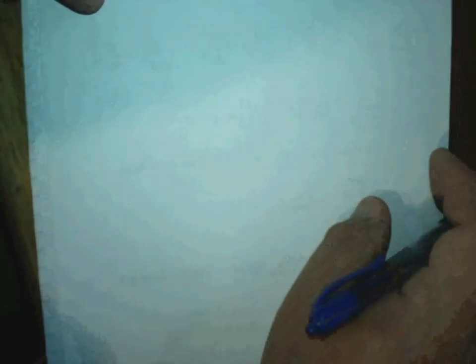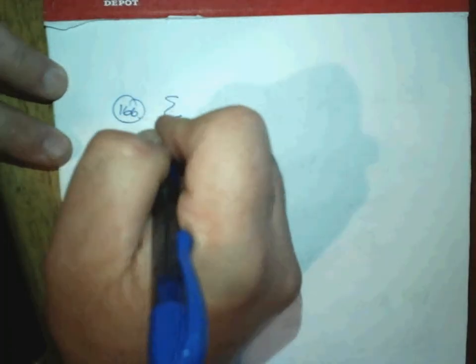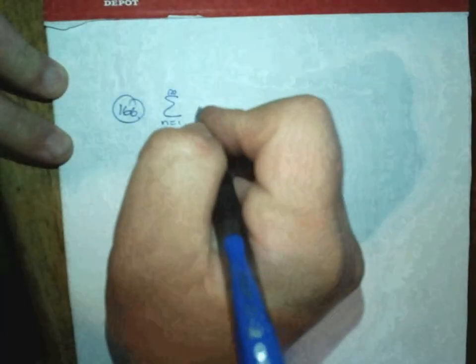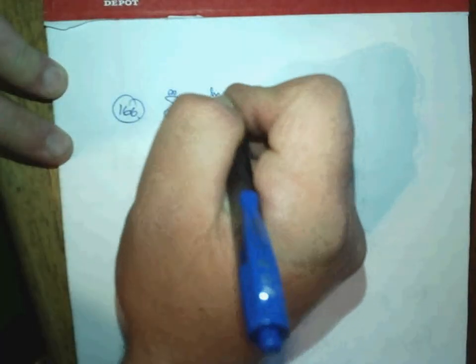All right, let's take a look at a few more of these ideas of the p-series. Take a look at problem 166. Express this as a p-series and determine whether it converges.